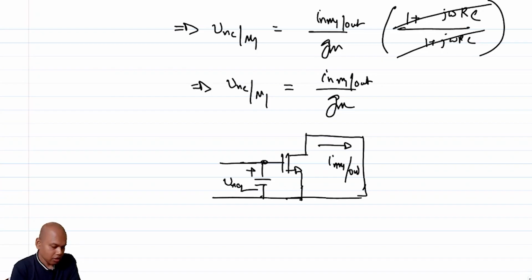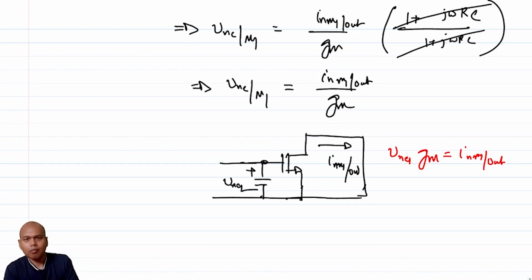If we have an equivalent VNC1, then VNC1 times GM should be equal to INM1 out, right? If I am able to model everything as a voltage source, then VNC1 times GM should be equal to INM1 out.